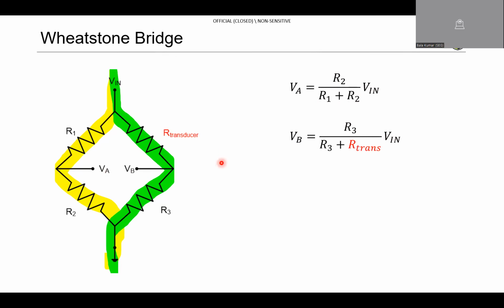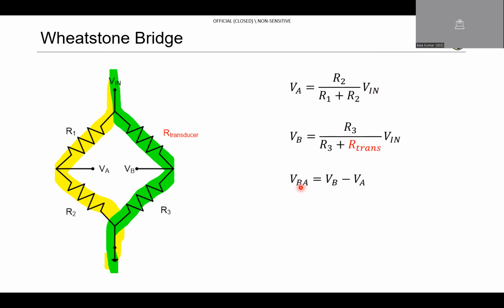Similarly, for VB, from this node to ground the resistance is R3. So R3 divided by the total resistance, which is R3 plus R transducer, multiplied by the total voltage, gives VB. And VBA is just VB minus VA.